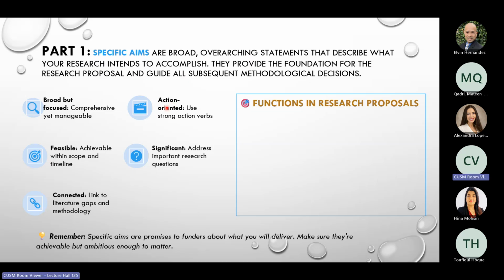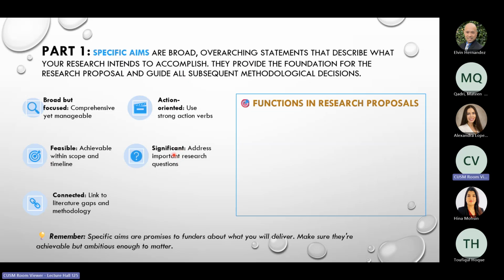The other element here is that your specific aim statements are action oriented, meaning that they're going to ask you to perform some actions, whether that be data collection, assessment activities, evaluation activities, or simply identification activities. They're action oriented and performance-based statements.